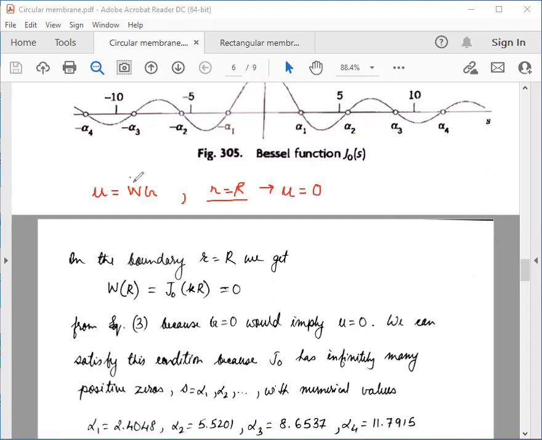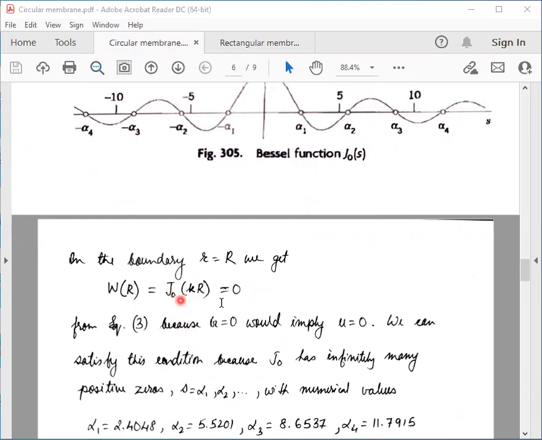So U equal to 0 is possible when W is equal to 0 or G is equal to 0. But G cannot be 0, because then U would be 0 identically. That means the only possibility is that W at r equal to capital R is equal to 0.